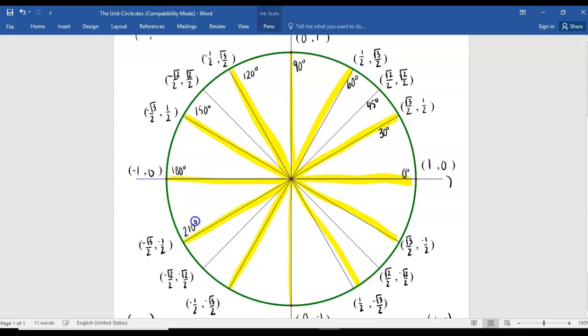I'm just adding 30 over and over and over again. 240, 270, 300, 330. And then back here, I could use 0 degrees or I could put 360 if I've gone all the way around.